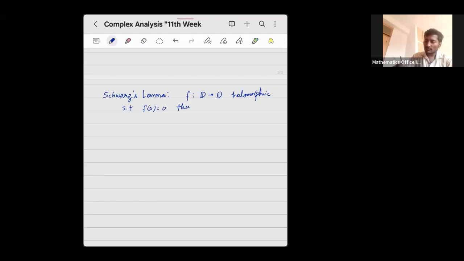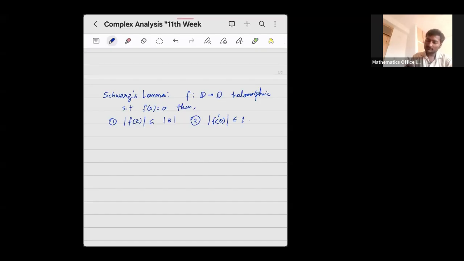Then we have two claims. First is that the modulus of f of z is less than or equal to the modulus of z. And the second thing is that the modulus of f prime at 0 is less than or equal to 1. And there was one more thing.